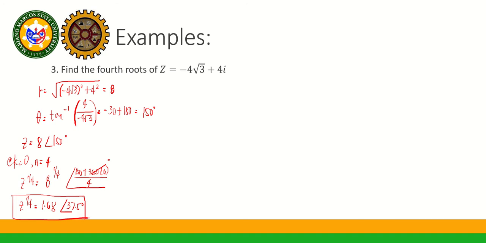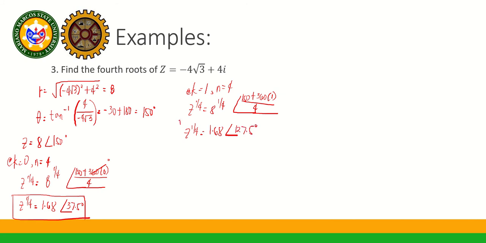Okay, and then at k equal to 1 for the second root, n is equal to 4. So z raised to 1/4 is equal to 8 raised to 1/4 angle 150 plus 360 times 1 all over 4. So our second root will be equal to 1.68 angle 127.5 degrees.